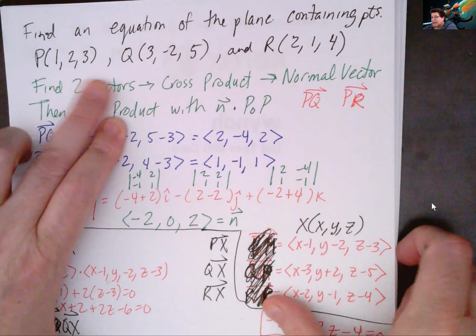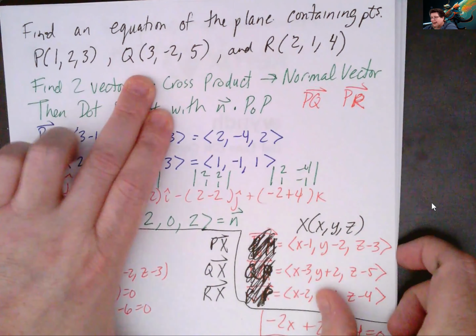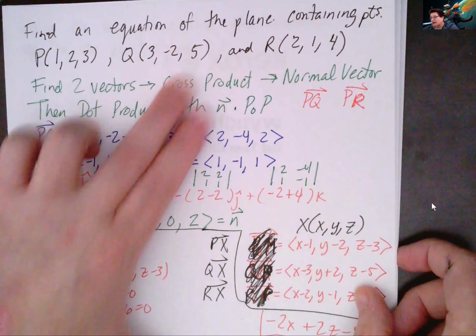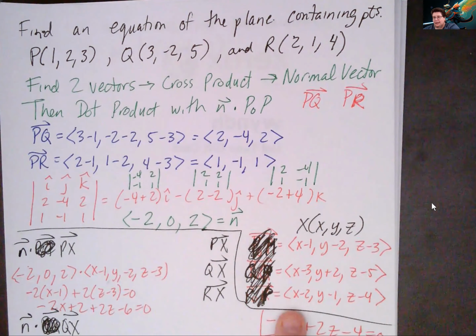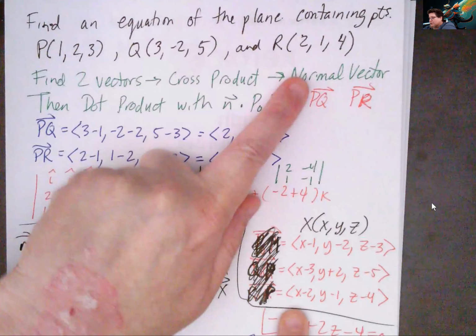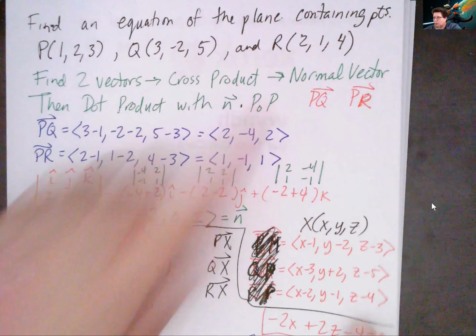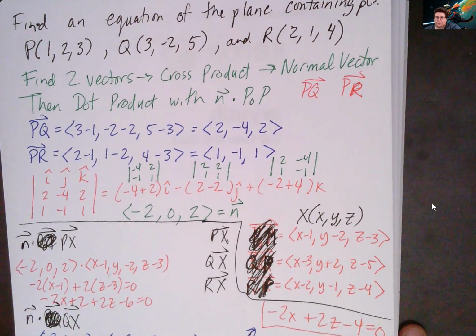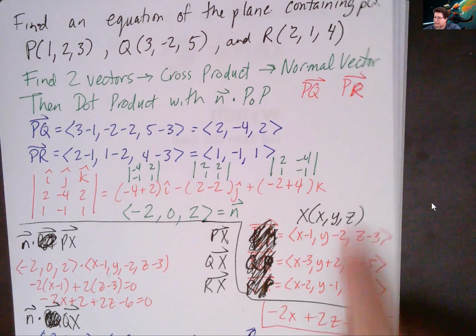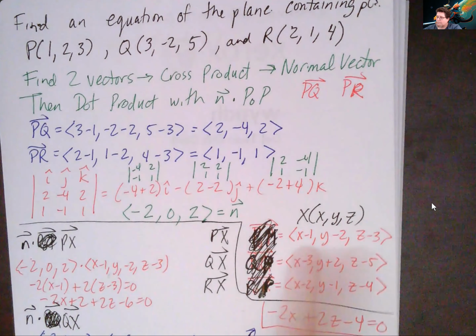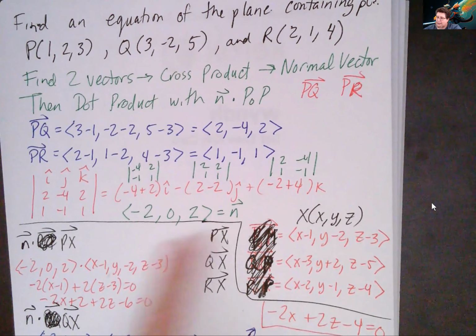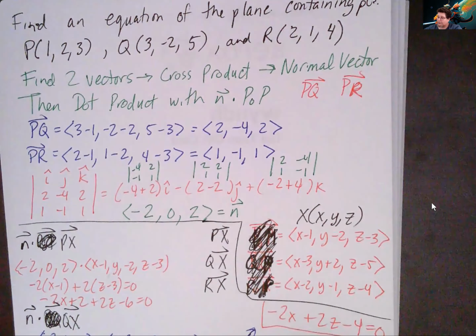On the Q, I had x minus 3, y minus negative 2, which is y plus 2, z minus 5. And for the bottom one, I had x minus 2, y minus 1, z minus 4. You only need to do it with one of those points. I did all three to show that it works no matter which point you use. But pick one of those points, make this little p not p vector, and dot it with n because they're orthogonal.